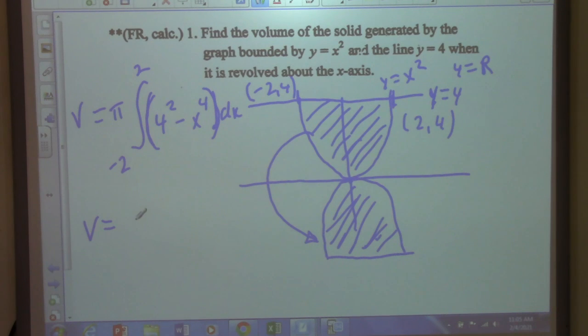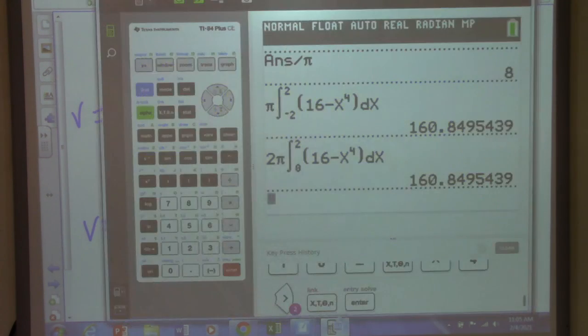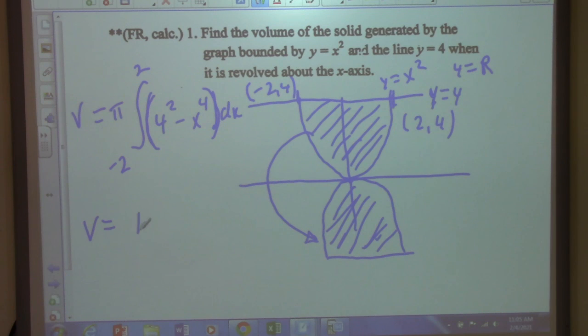So the answer is 168.850. And we look up here, the last thing to do is look for units. I don't see any units given, so we don't have to add that.